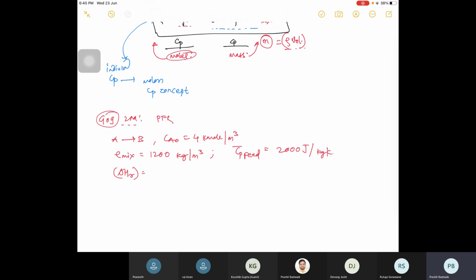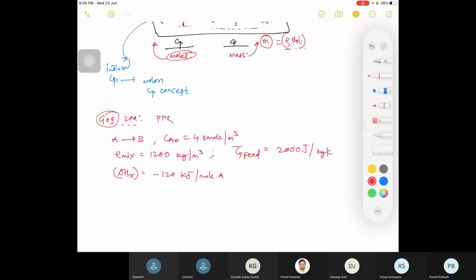Delta H reaction is given in GATE only; in real life, if you know the concept, that is okay. Delta H reaction is minus 120 kilojoule per mole of A. See here it is per mole of A. Then your temperature max is given as 800.